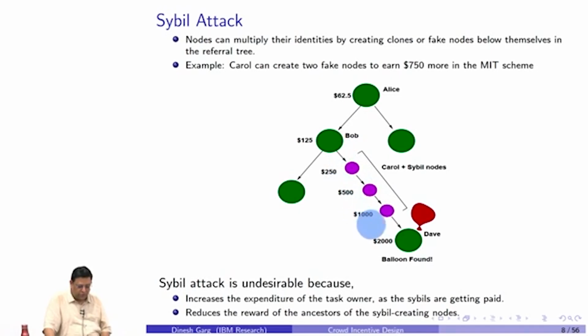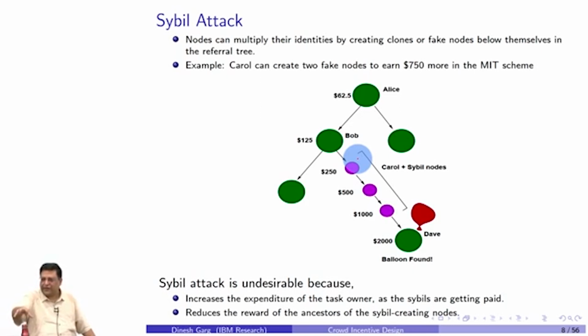So this is how the new chain looks like, 2000, 1500 and 250, and all these three nodes, on the face of it they may look like three individuals, but essentially that is one individual, right? And by doing this kind of manipulation, individuals are gaining the benefits actually. Nothing prevents in this scheme Carol from adding in fact an infinitely long chain actually, right?